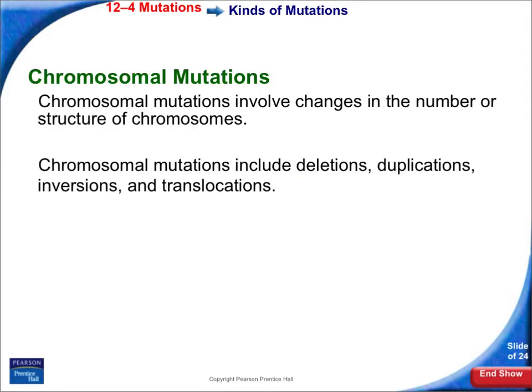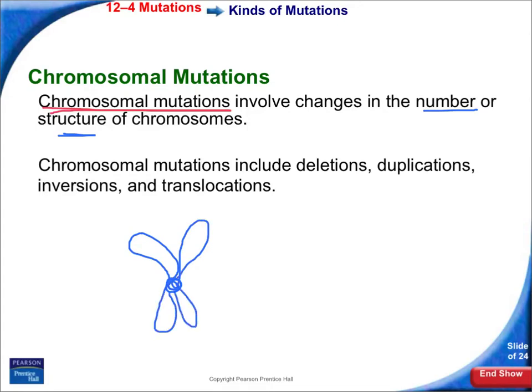The second type of mutation we're going to talk about in this section is called a chromosomal mutation. With a chromosomal mutation, we're going to change either the number or the structure of the chromosomes. You remember we have chromosomes that kind of look like this, like bunny ears. If we change part of this chromosome, that's going to have an effect on our organism.